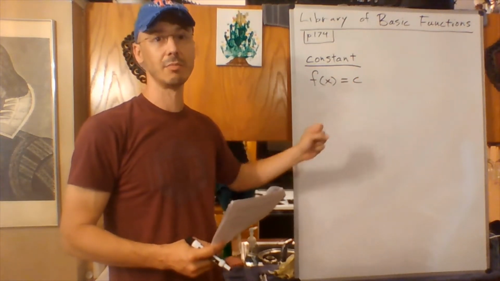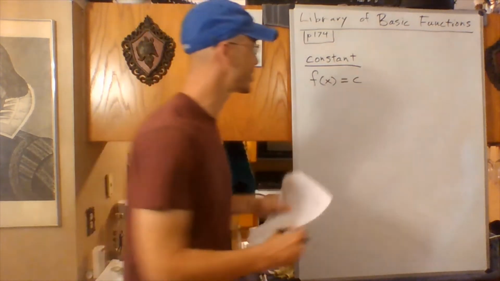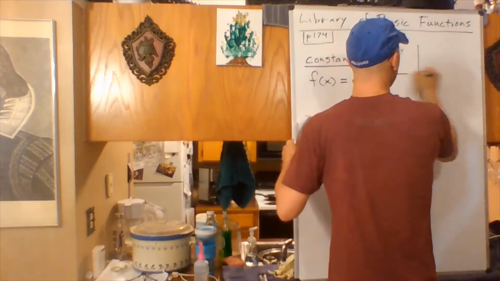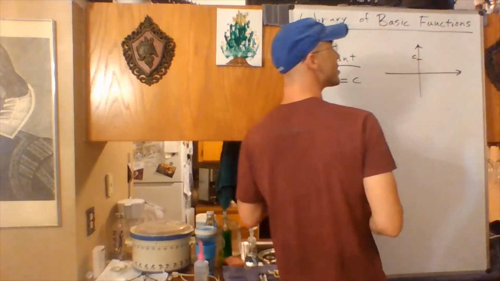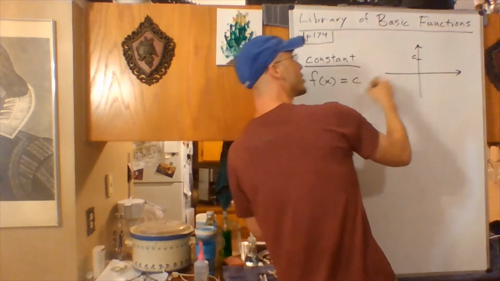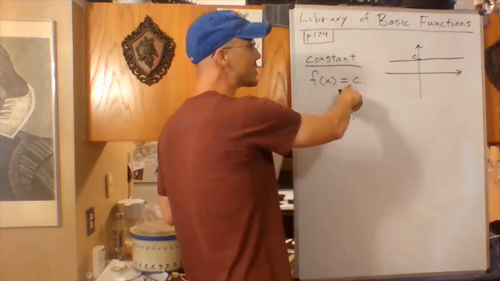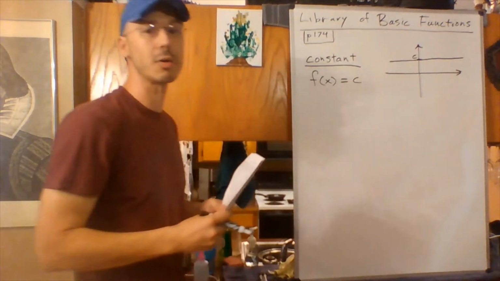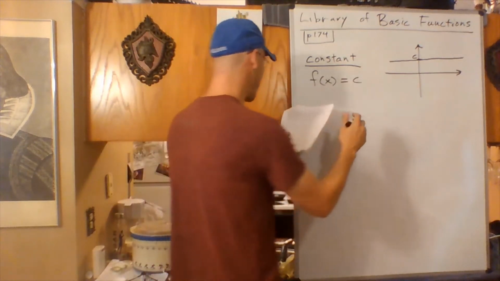F of 0 is c. F of 1 is c. F of negative 12 is c. F is just c. And the graph is a little bit boring, but whatever that number c is going to be the y-intercept. You might recognize this. y equals c is the equation of a horizontal line, and the graph is a horizontal line for a constant function.